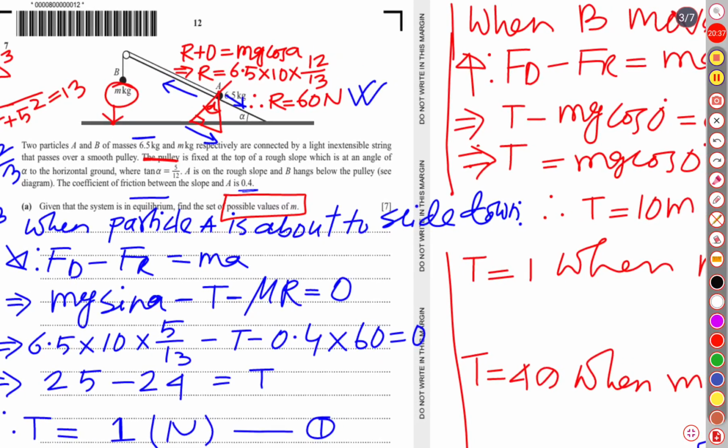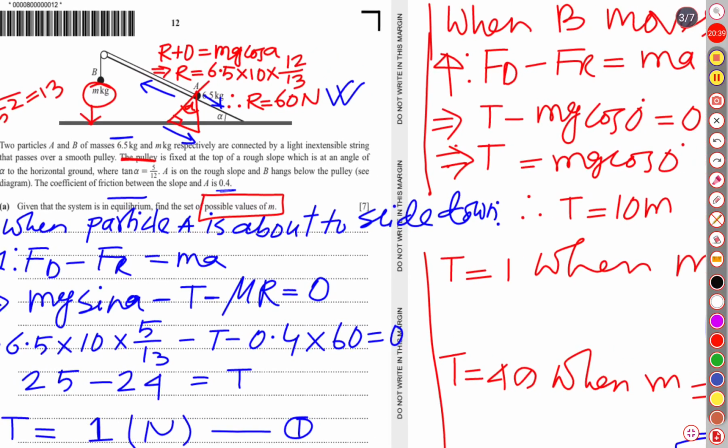If the value of m is more than 0.1 kg, then the particle would slide down, that means particle B would move downwards. If the value is less than 0.1 kg, then B would move up.